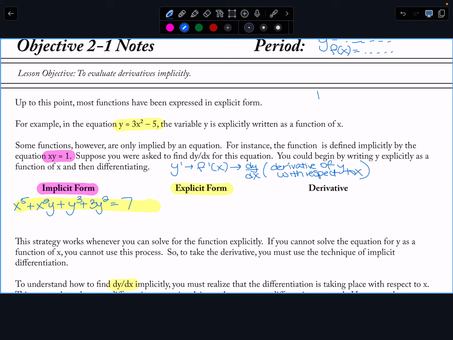So the derivative of x with respect to x is dx over dx. But we don't do that because dx over dx is just 1. So we typically would never write that because it's equal to 1.